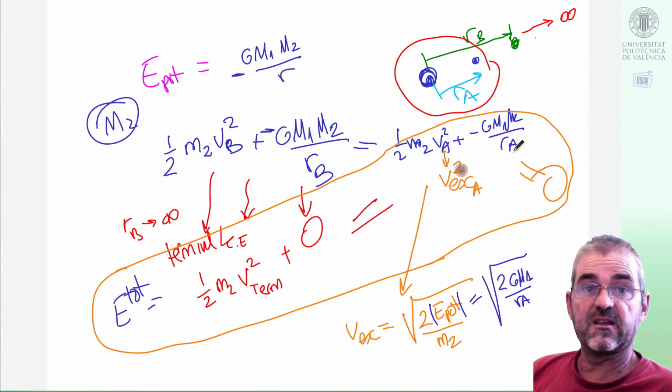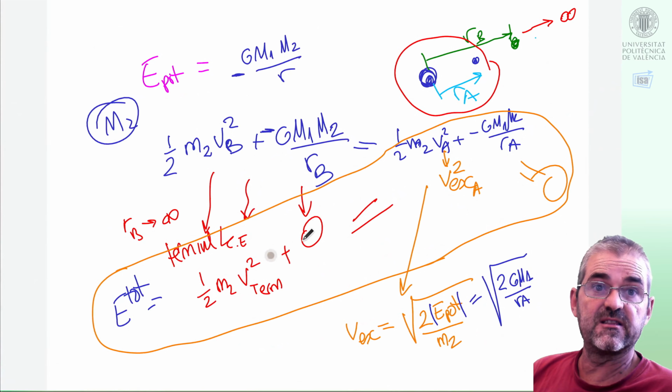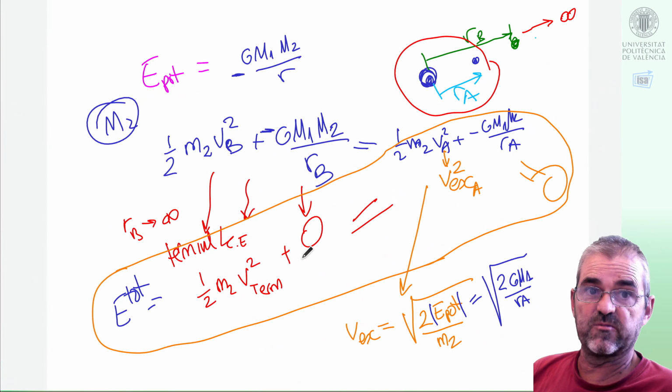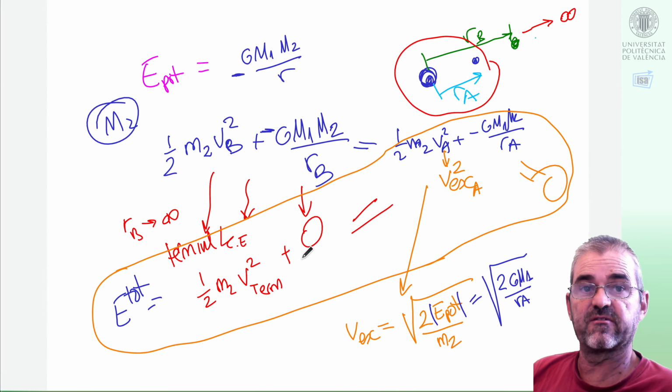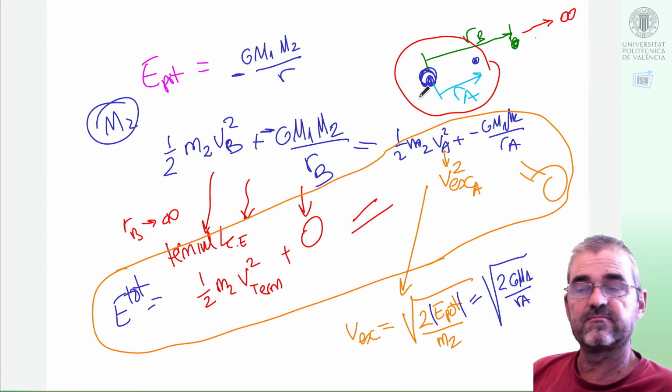And of course, if total mechanical energy is lower than 0, then we cannot go to infinity, because this total energy at infinity cannot be negative. So we will have a finite orbit, and the planet will come back and orbit, the distance to the heavy object will always be finite.